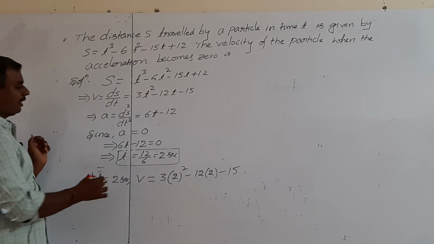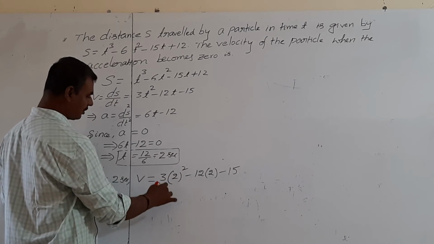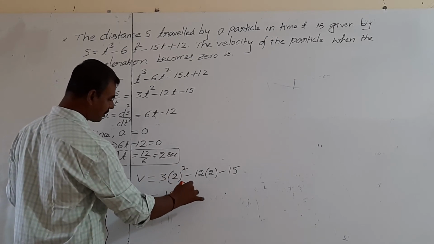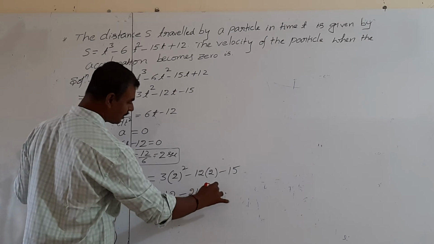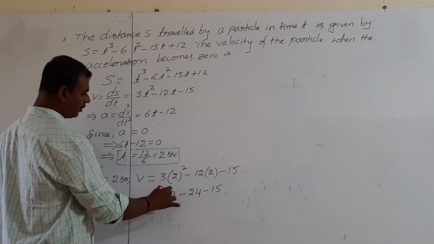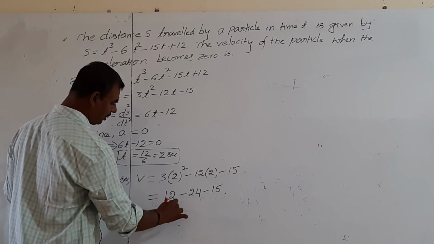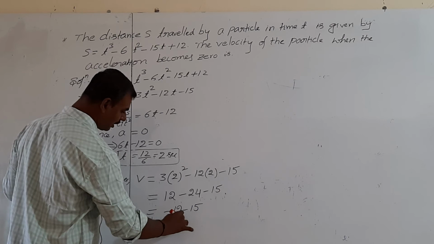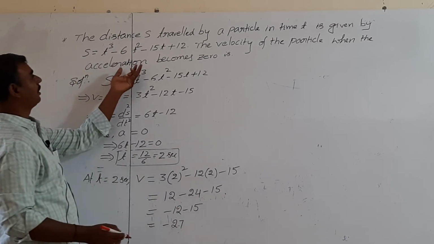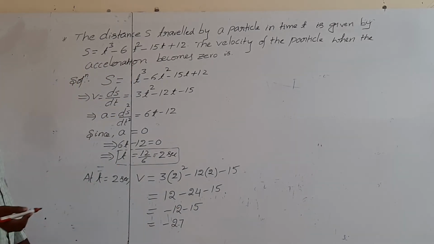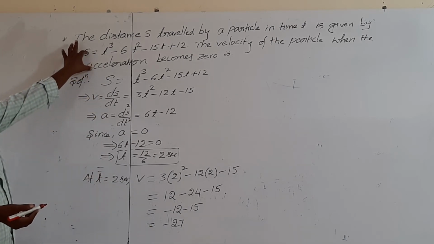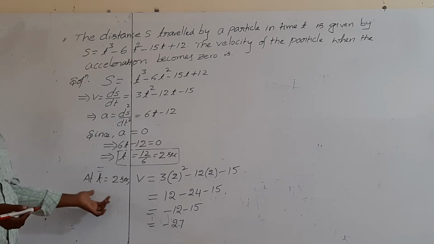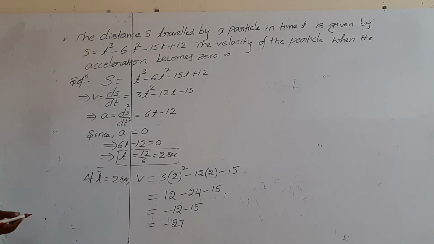Now simplify this value, very easy simplification. 4 3s are 12 minus 24 minus 15. This is equal to 12 minus 24 minus 15, which is minus 27. Here units are not given, so no problem, leave it. So the velocity of the particle is equal to minus 27 units.